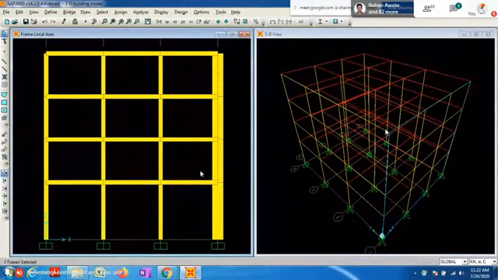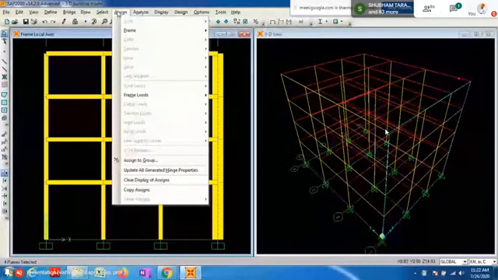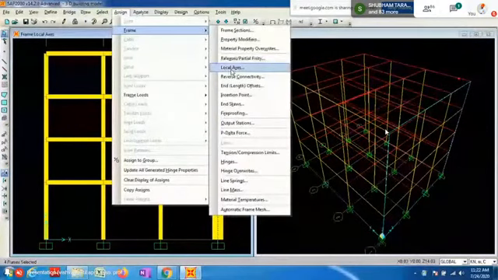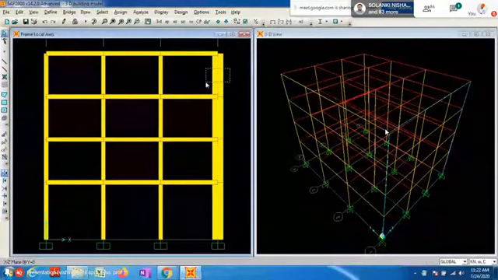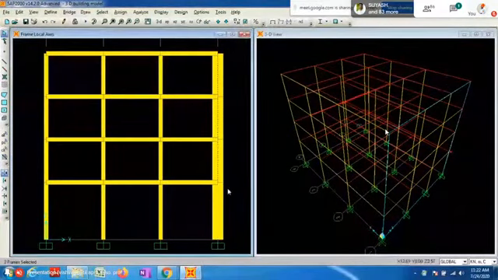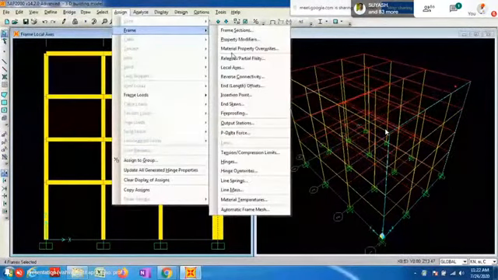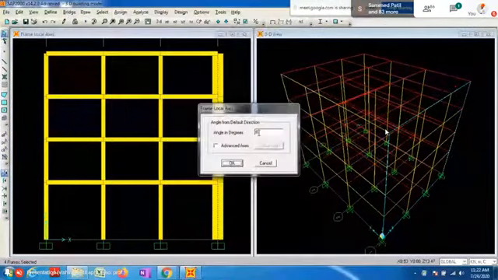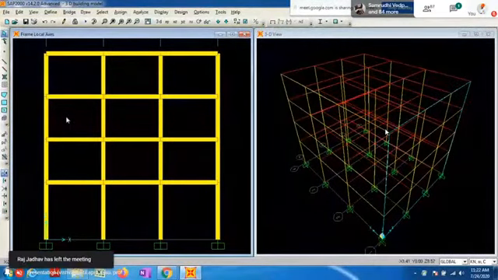So go here, Assign, Frame, Local Axis, 90 degree. I have to change this to 90 degree. Okay, so in this way I have made the changes.